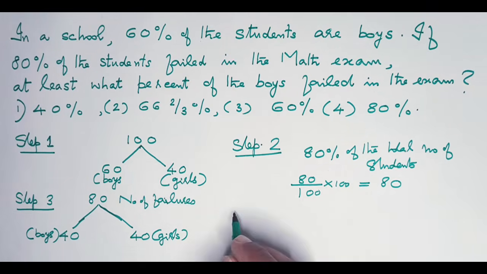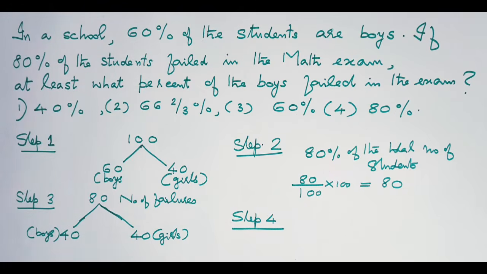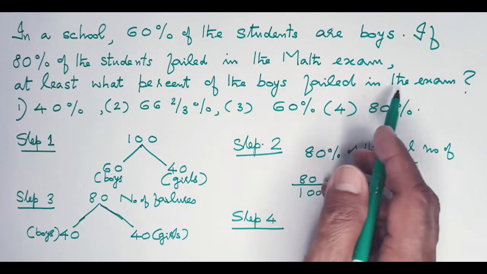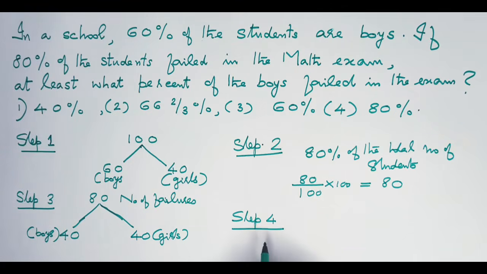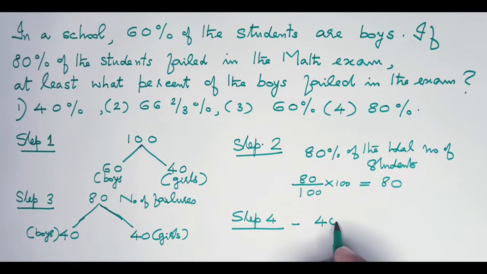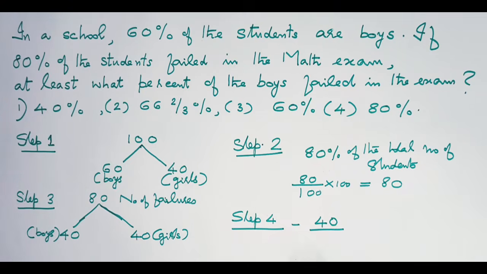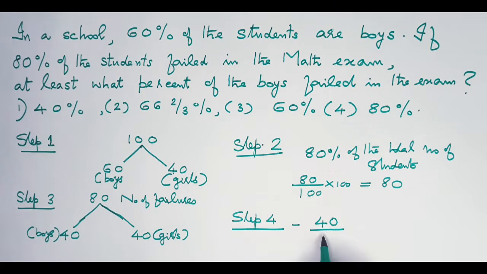Now in step 4, you need to convert this 40 boys who failed into a percentage of the total number of boys. That is the question: at least what percent of the boys failed in the exam? That means this 40 boys who failed, how many boys are there totally? 60. So this 40 boys out of 60 failed.